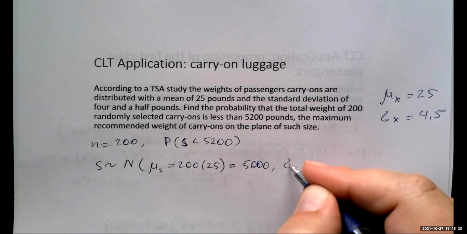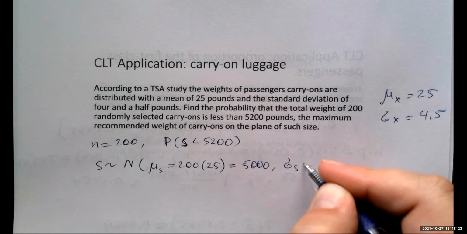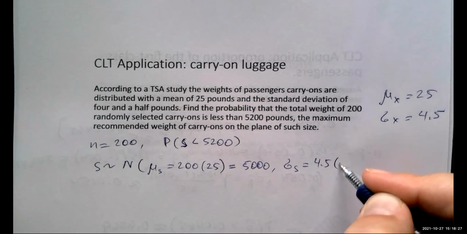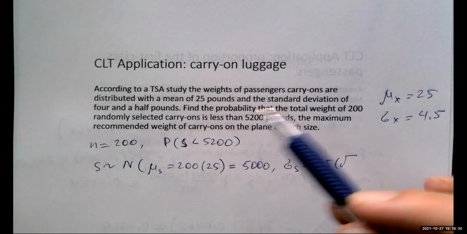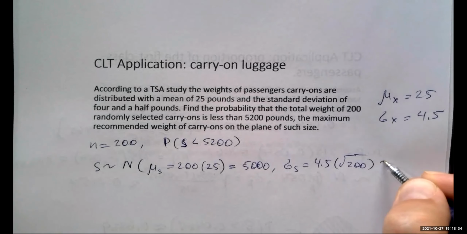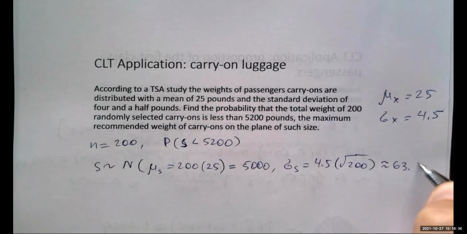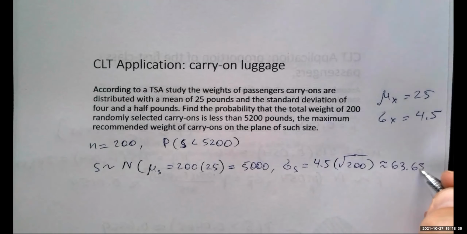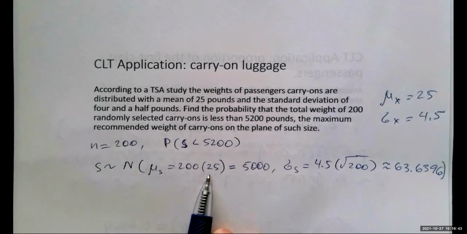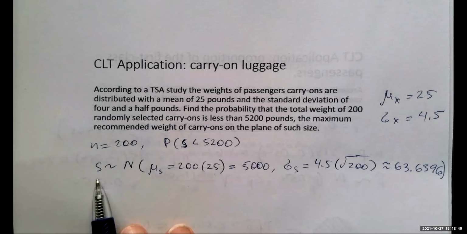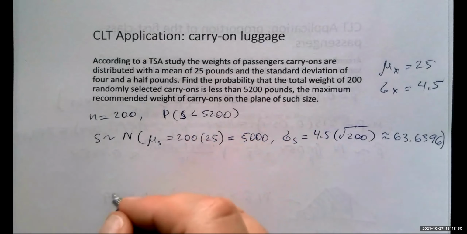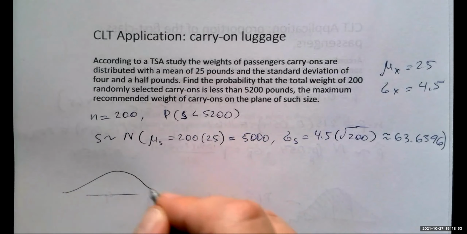And the standard deviation of sums is going to be the standard deviation of the population, 4.5, multiplied by the square root of n, square root of 200. So that is approximately 63.6396.